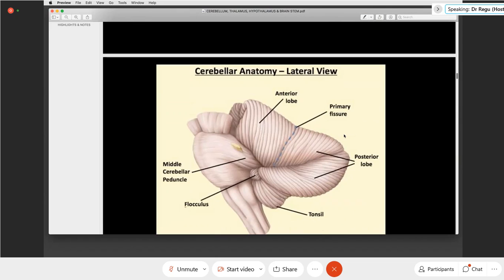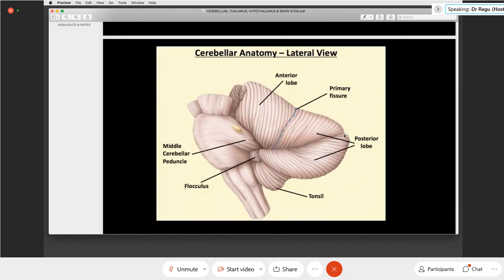Now, this is the lateral view of the cerebellum. Up here, you see the anterior lobe. Below is the posterior lobe, which is divided by the primary fissure. And here is part of the floccular nodular lobe. The cerebellum is located within the posterior fossa and lies behind the brainstem.